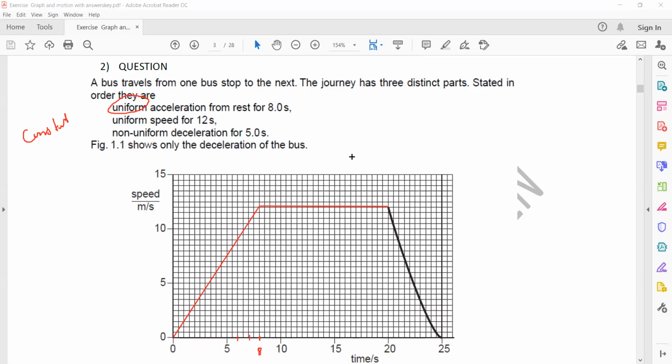So this is how we complete this graph. Till 8 seconds it was accelerating, and after 8 seconds, for a further 12 seconds, it moved with a constant speed, so there should be a horizontal line. And first it is accelerating, so whenever there is constant acceleration, it will be a straight line with a constant slope or constant gradient. Is it clear?